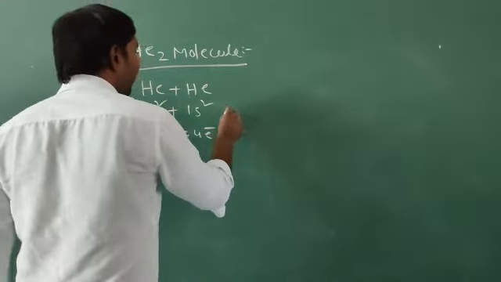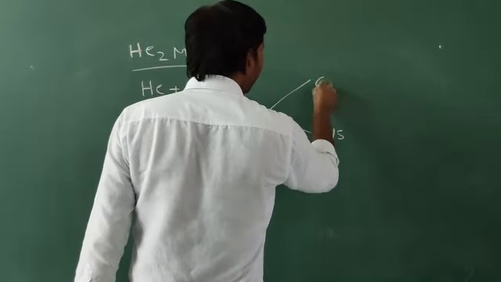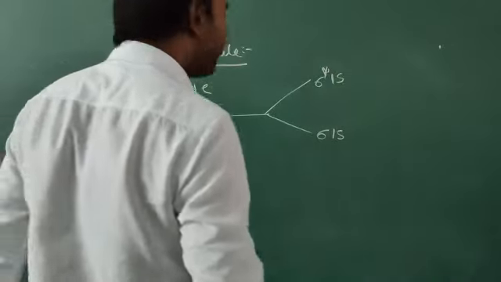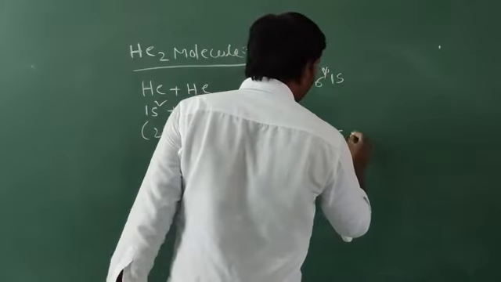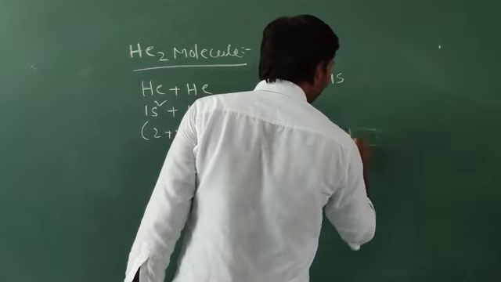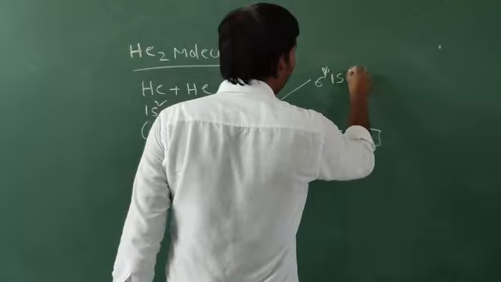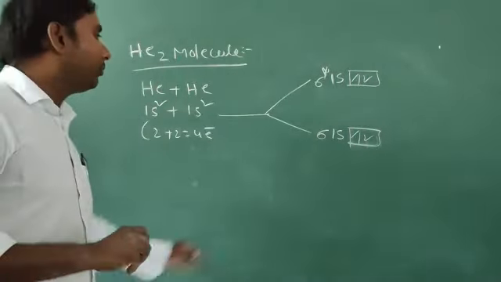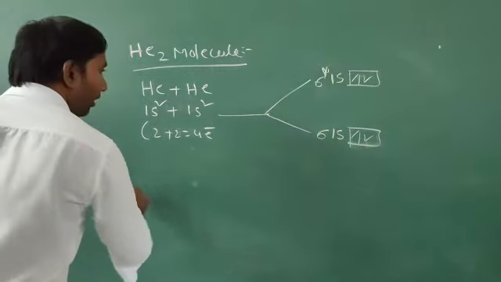Here also two types of molecular orbitals: sigma 1s and sigma star 1s. With 4 electrons, 2 electrons enter into sigma 1s, the bonding orbital, and the remaining 2 electrons enter into sigma star 1s, the anti-bonding molecular orbital.